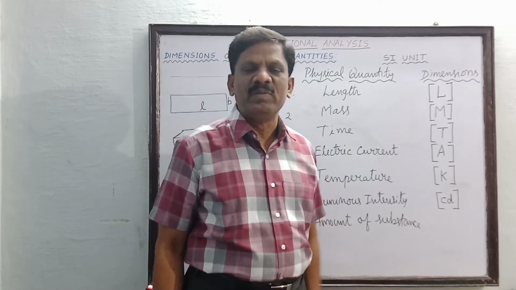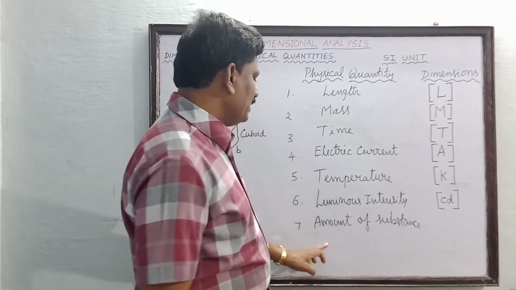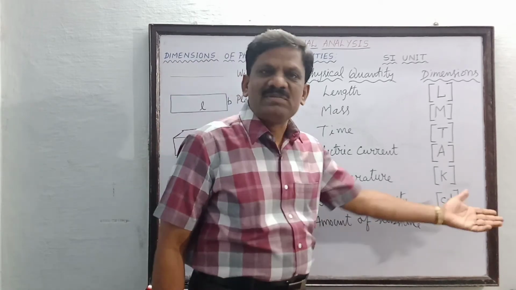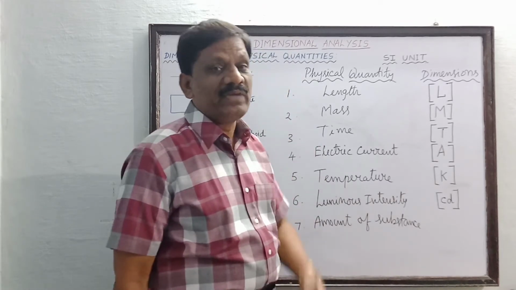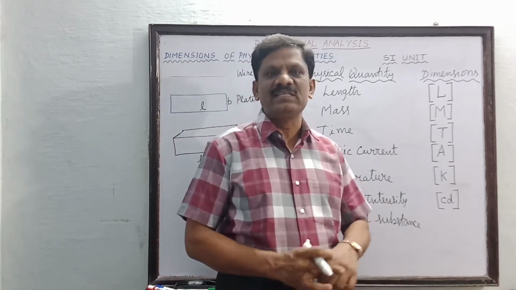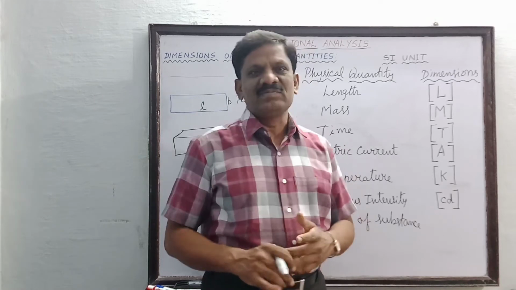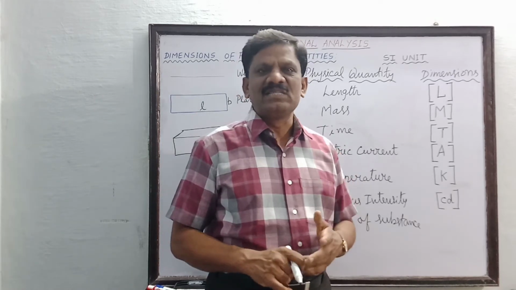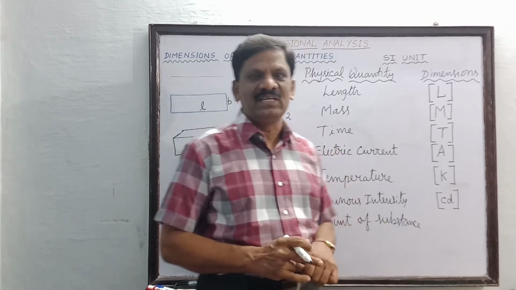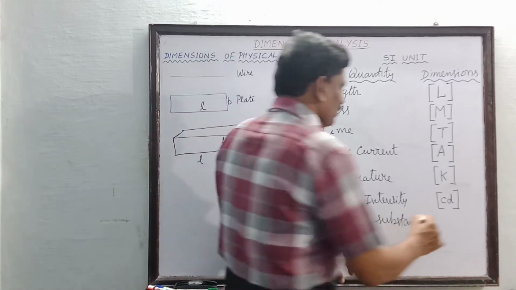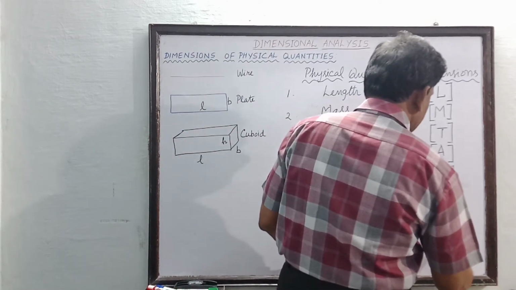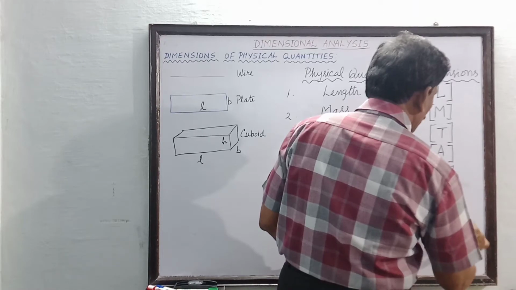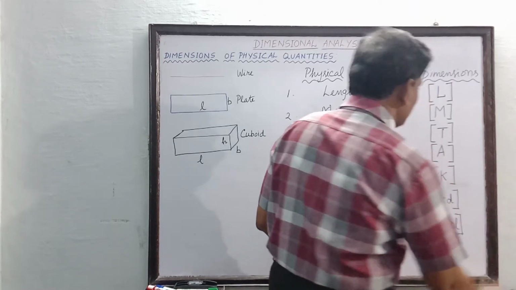And lastly, the amount of substance is expressed in mole. We have studied that 1 mole of any substance contains the Avogadro number of atoms or molecules, 6.023 into 10 power 23. So the short form of mole is the dimension, namely MOL within the square bracket.